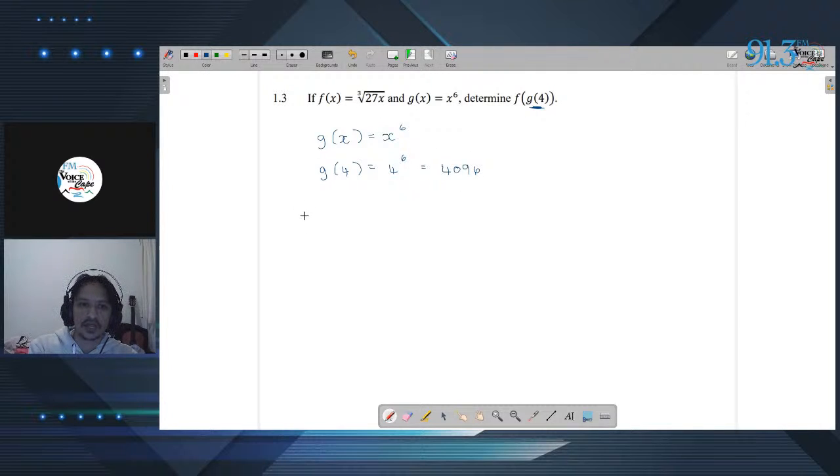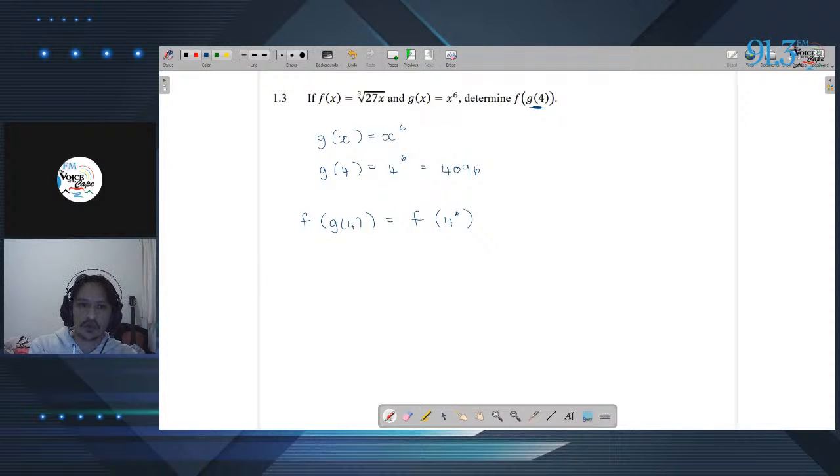So we can now go, well, if that's the case, then that must mean that f g bracket 4 is actually equal to f of 4 to the power of 6. Okay, now let's resolve this.